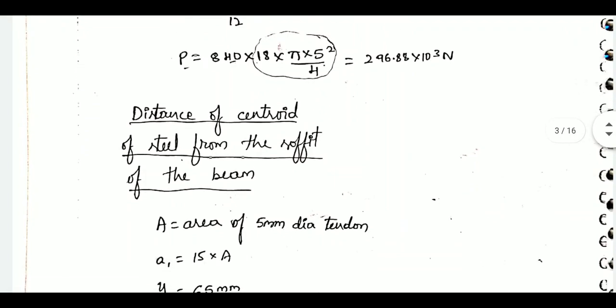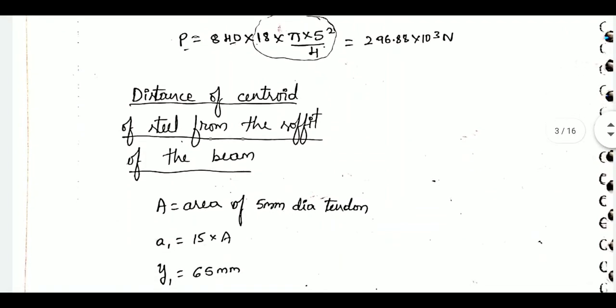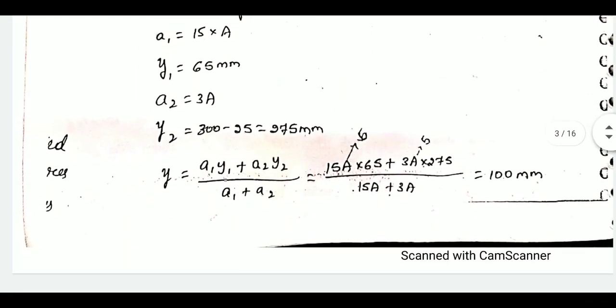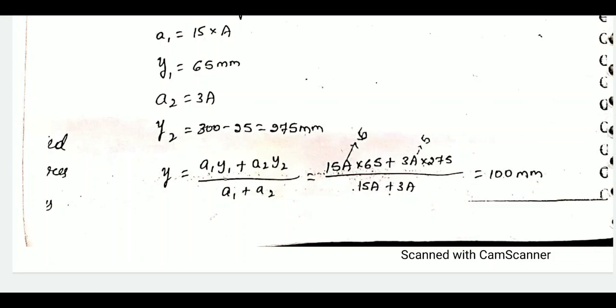So here the distance of centroid of steel from the soffit of the beam, first we need to calculate the distance of centroid from the soffit, which is nothing but the bottom of the beam, and that value we obtain as 100 mm.